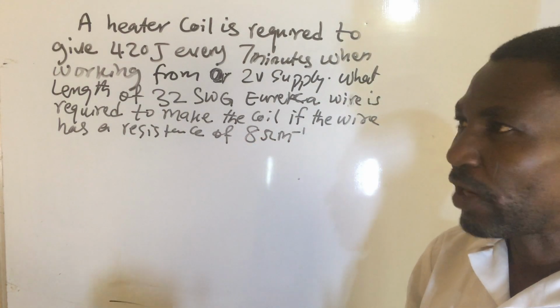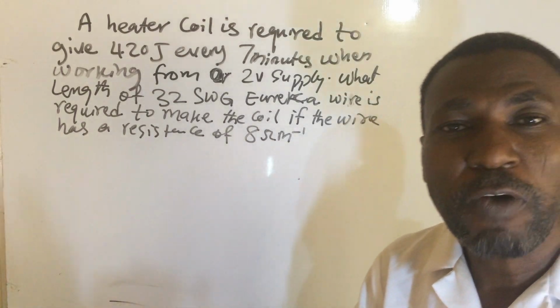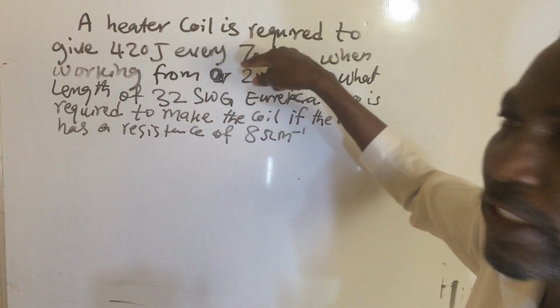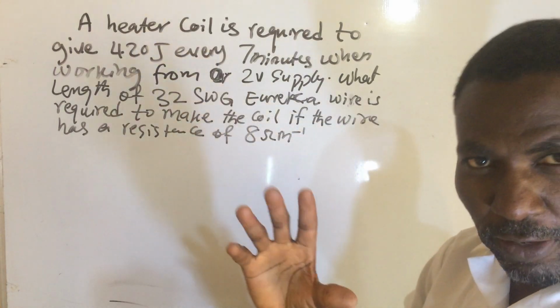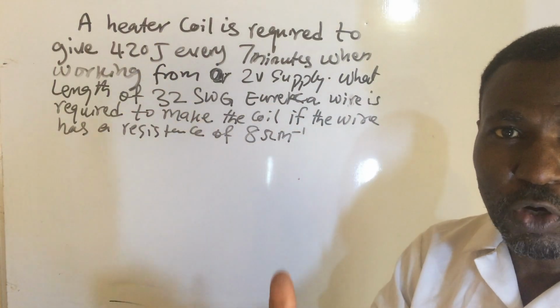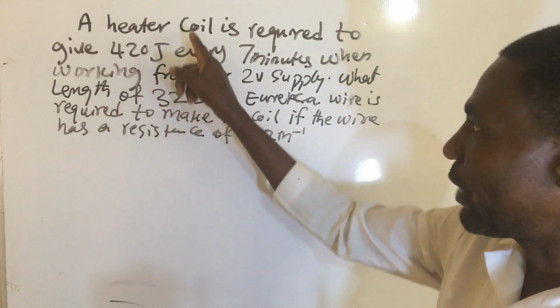Remember that every one meter length of the wire has 8 ohms. The first thing we do is to find the resistance of the heater coil, before we move on to find how many meters we need to manufacture it.